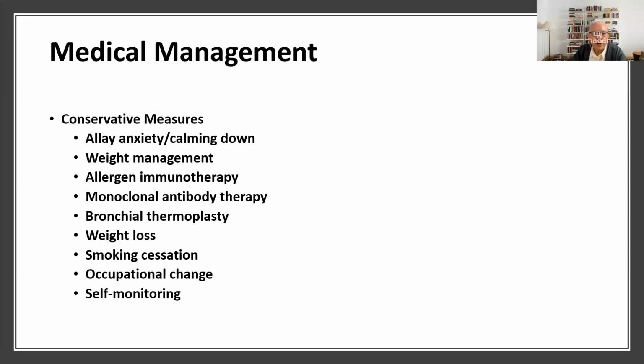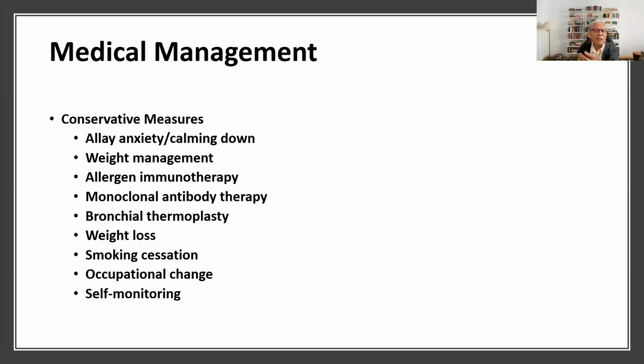Now, immunotherapy or allergen immunotherapy is a controversial approach wherein large studies really have shown that there is no significant benefit. And this particular approach is very expensive.